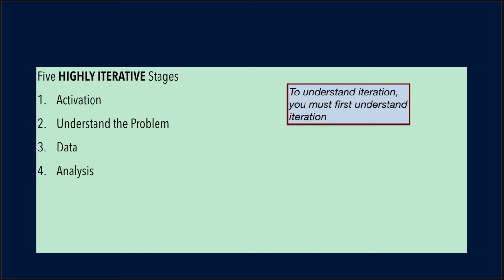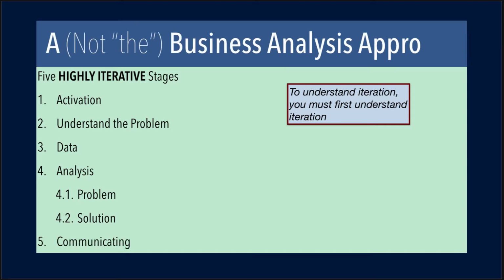What kind of analysis can we or should we undertake or not undertake? What analysis models might be inappropriate for the data or the problem that we're trying to undertake? And the analysis is, of course, dependent upon the problem and the solution and how well we understand those. And then stage 5, we communicate.